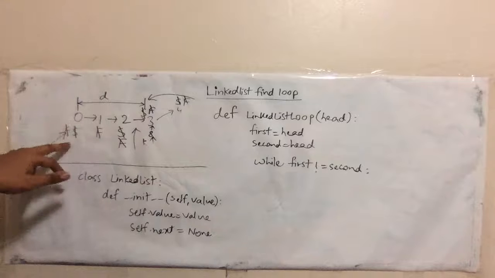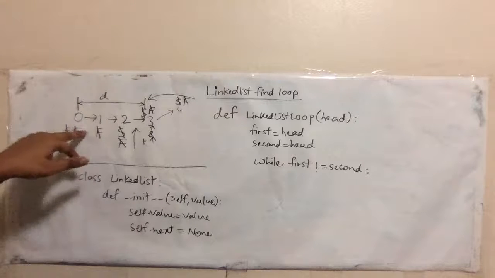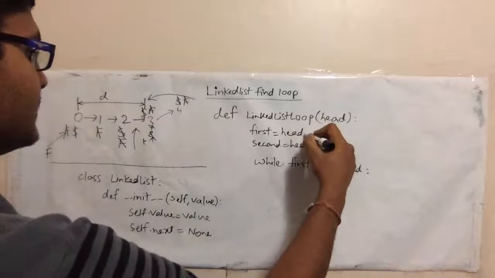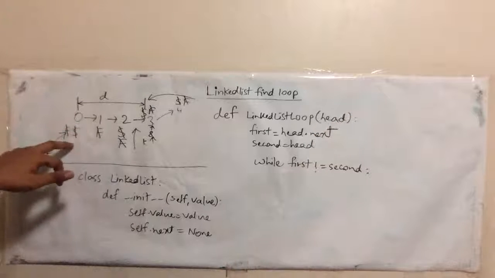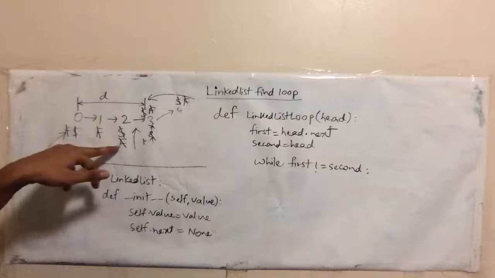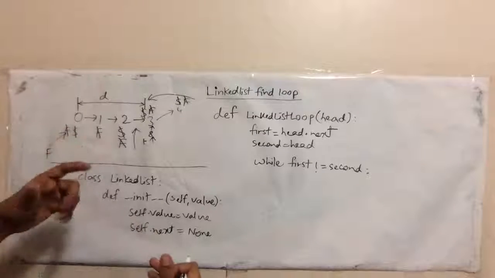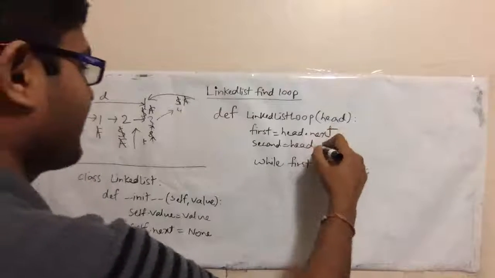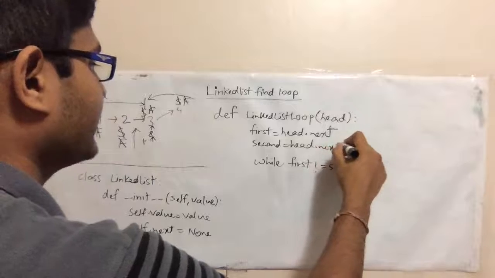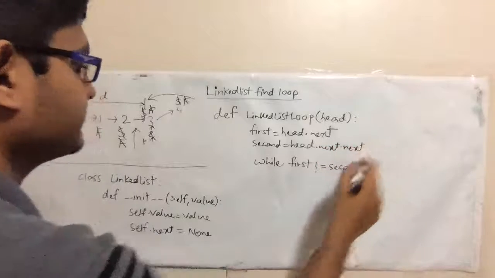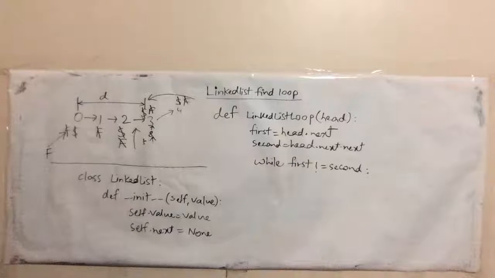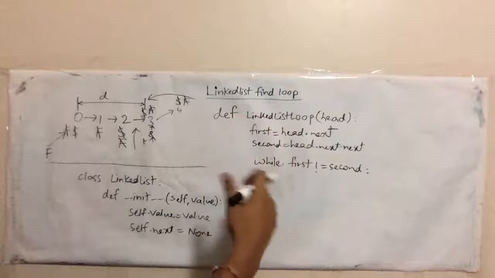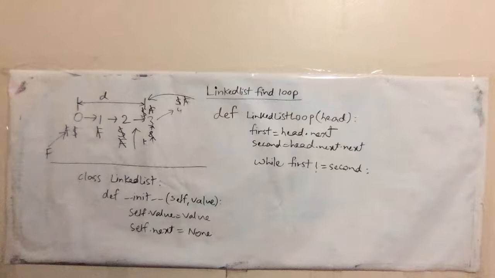We move the first pointer to head.next, and the second pointer to head.next.next. That's what we did after doing one iteration, just to avoid breaking out of this while loop immediately, seeing that the first pointer and second pointer are both the head.